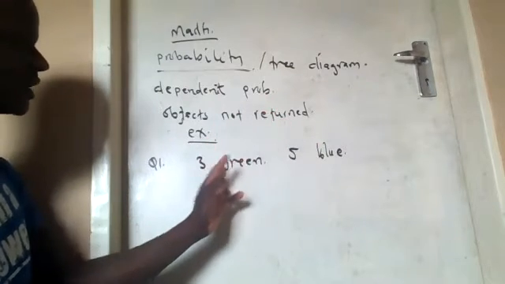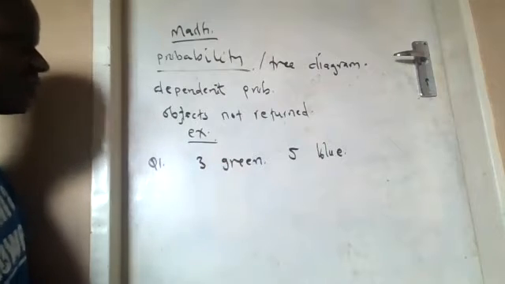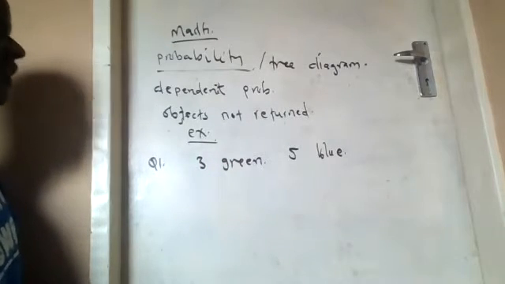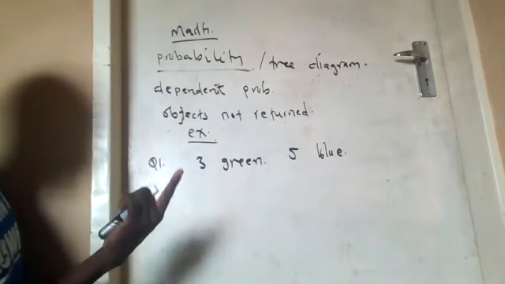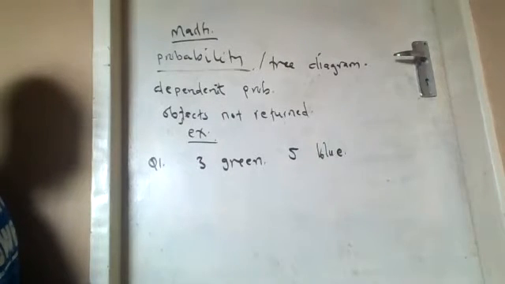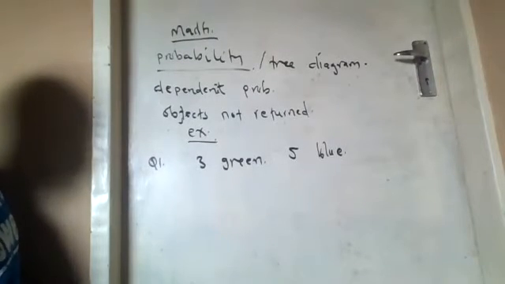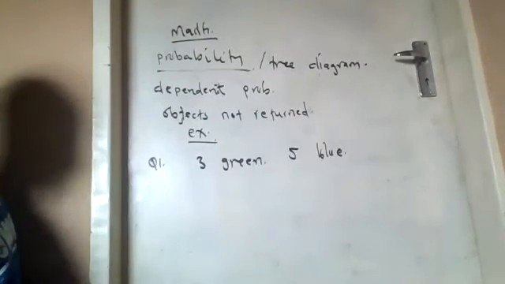Because there are 2 types of colors, this tree diagram will have only 2 branches. So if that is so, then we can get started.